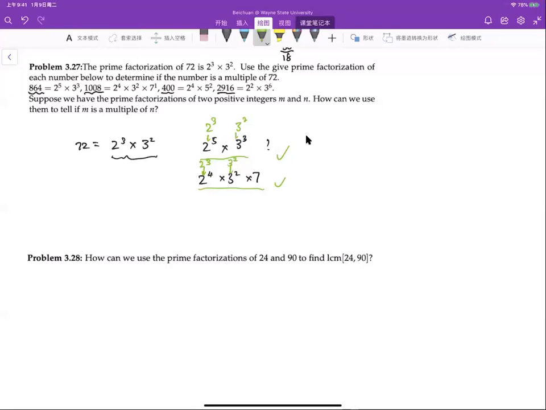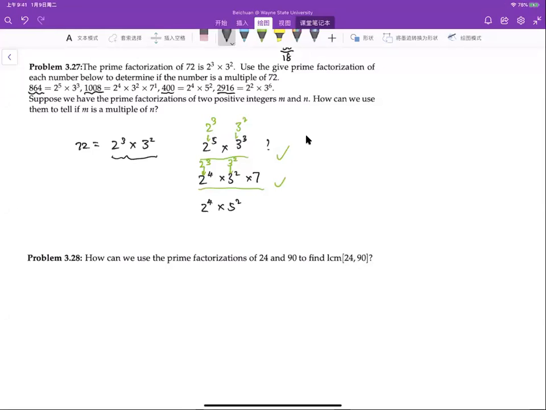Right? So that works. So that means 1008 is a multiple of 72. How about 400, whose factorization is 2 to the 4th times 5 squared? Is that a multiple of 72? So does this factorization have 2 cubed and 3 squared?